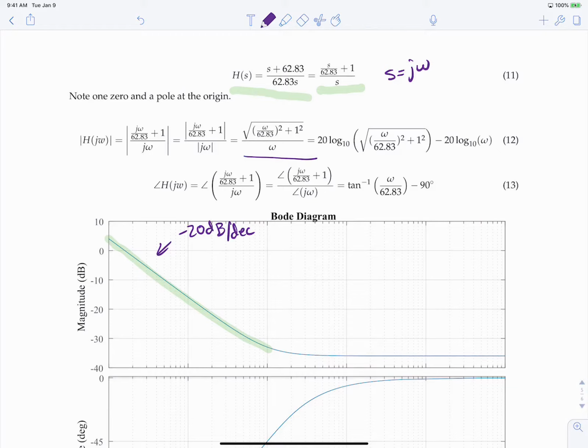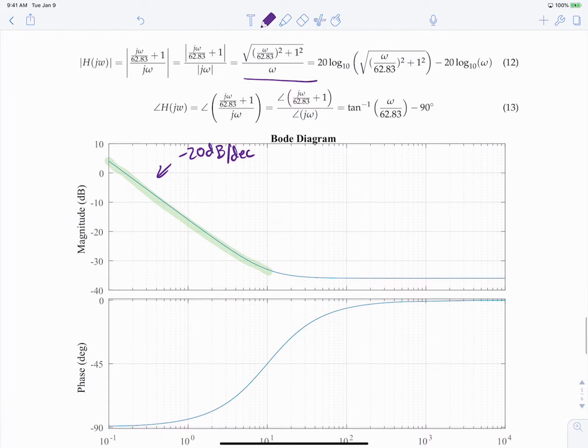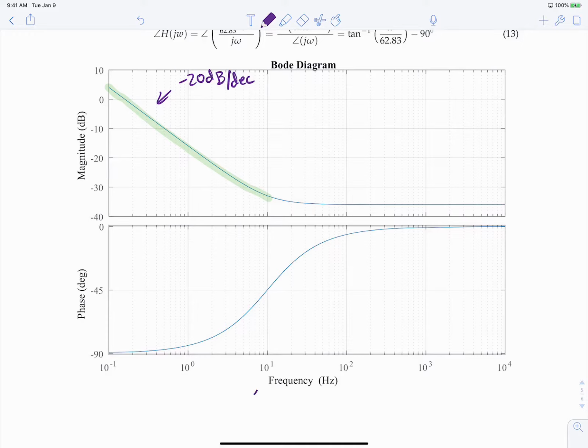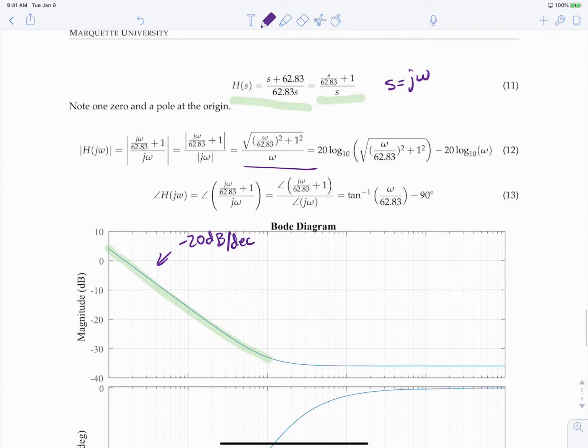And then once we hit where the 0 is in this case, which is again 10 hertz, this term will start to come into play and roll it back up, and you'll get something flat. So the gain will roll off and be a flat number. That would be this region here.